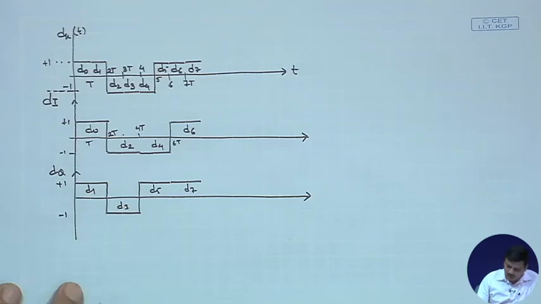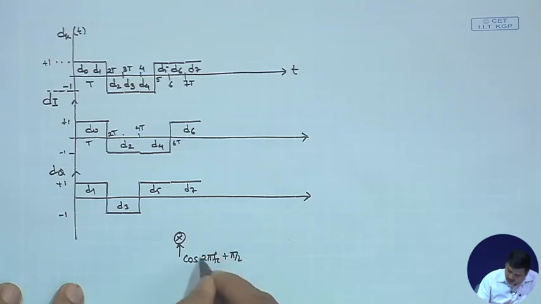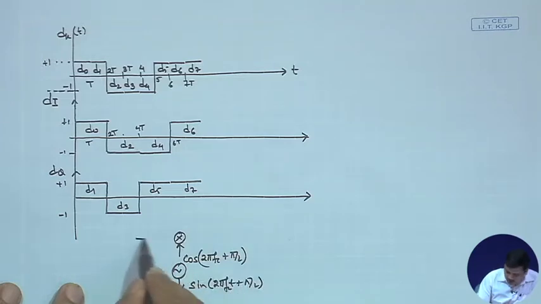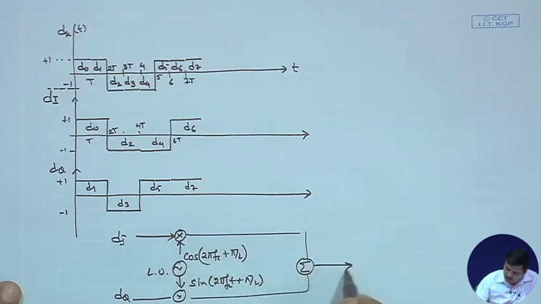And you could say that you have as if there is a local oscillator which is feeding cos 2 pi f c t plus pi by 4, given the constellation that we have. This is LO, and it is feeding on the other side a sine 2 pi f c t plus pi by 4, and then you are feeding di on this side, there is a multiplier, you are feeding dq, and then you are adding them up, a similar diagram we had drawn, and this is cos 2 pi f c t plus theta.